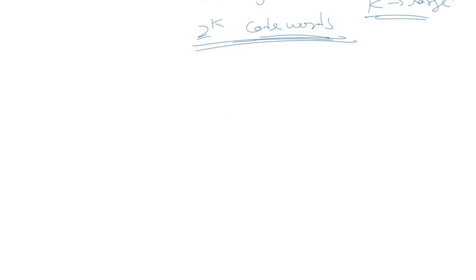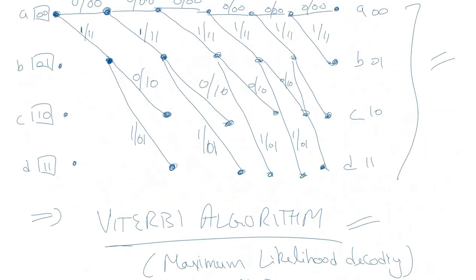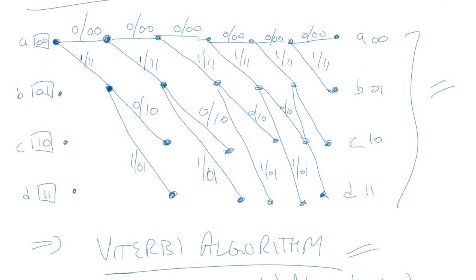So according to the Viterbi algorithm, we stress that each path that traverses through the trellis represents a valid code word. We have seen the trellis diagram. This is the trellis diagram, and according to the Viterbi algorithm, the very first assumption it makes, which is a valid assumption, is that each path, let's say we are talking about this path, which traverses through the trellis represents a valid code word.